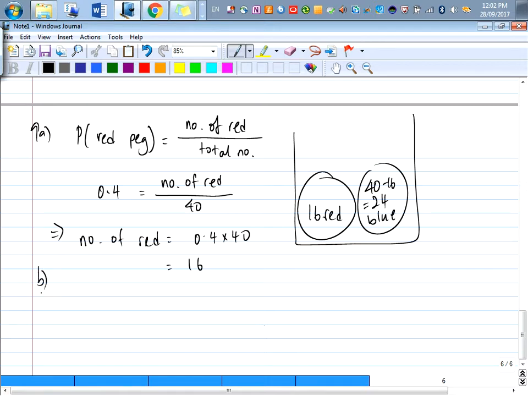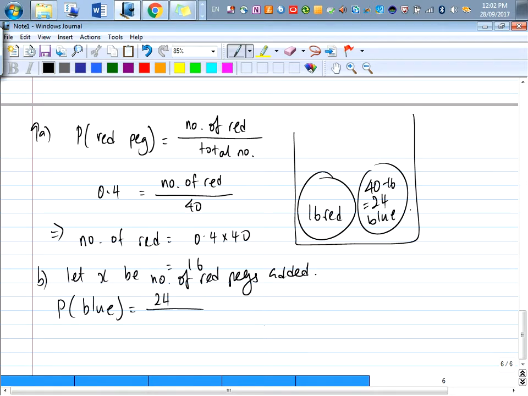But in part B, we add red to it. So let X be number of red packs added. Then probability you get blue is equals to 24 divided by the total, where 24 is the number of blue, right?